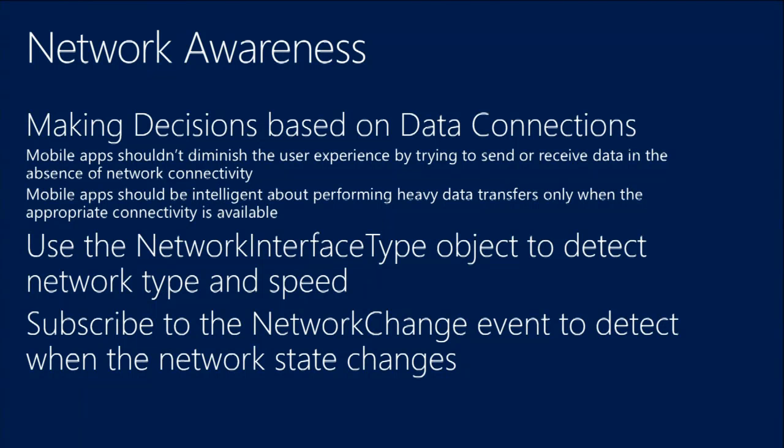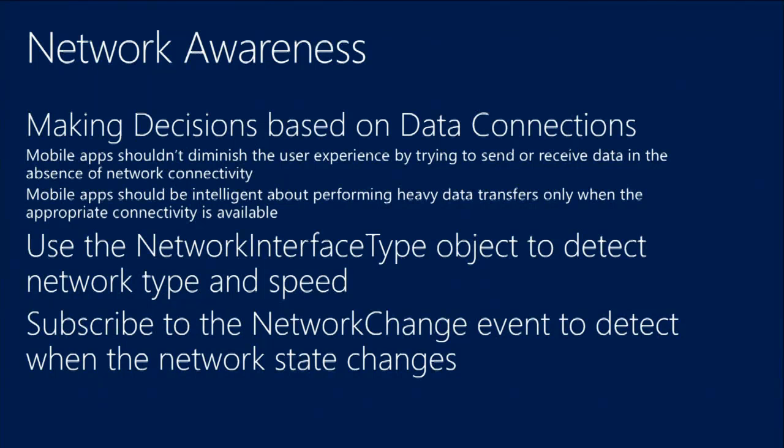Otherwise, you leave them with a poor user experience while they're waiting forever as this download never seems to be completing and probably times out, doesn't complete at all. So you need to make sure you don't diminish the user experience by trying to send or receive data if you haven't got a network or if you've got a poor quality network.